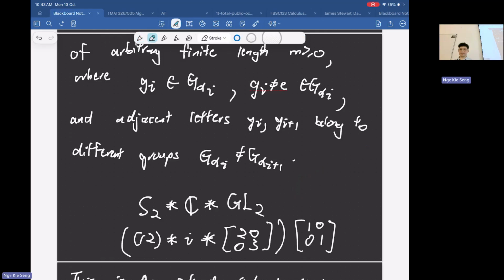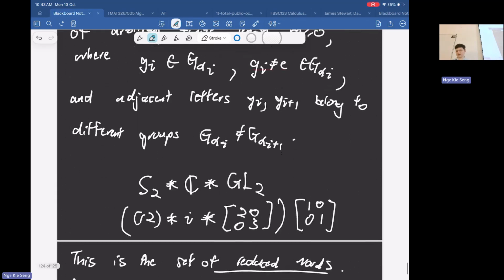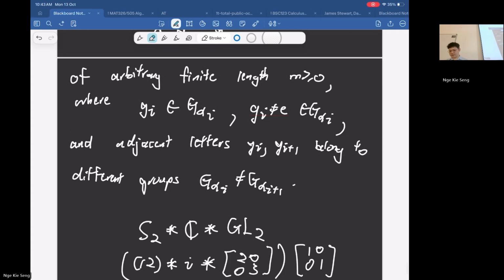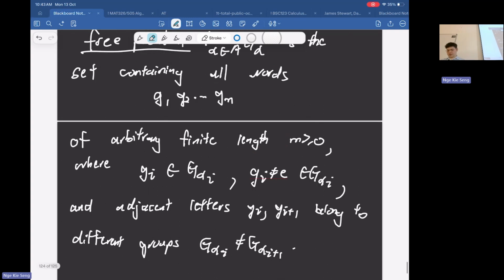Which definition? You said that each factor GI is not E. Why do we need this? Let me think.